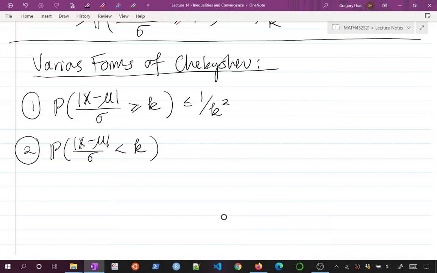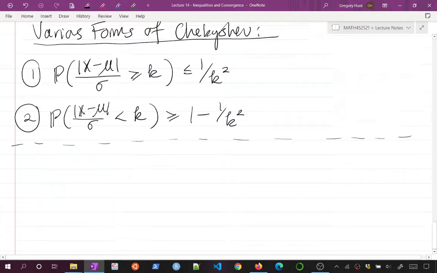That would be greater than or equal to 1 minus 1 over k squared. So I basically take 1 minus the first form, and of course my inequality sign flips, and I get the complementary probability. But these are the same thing. I'm just looking at the probability that |x minus mu| over sigma is bigger than k, or less than k, right? And they're complementary, so either less than 1 over k squared or greater than 1 minus 1 over k squared. Okay, not too bad.